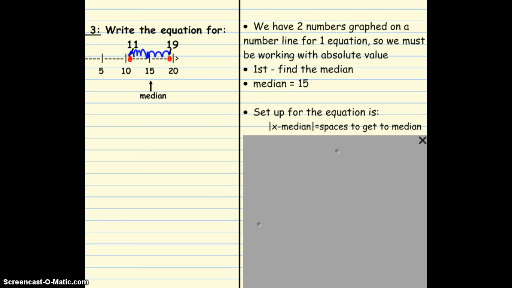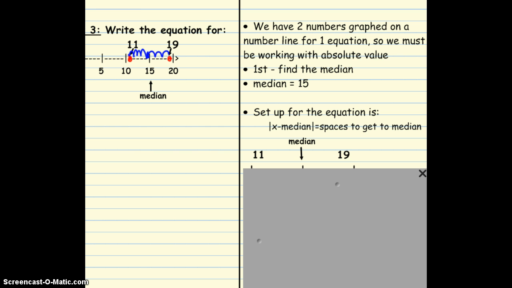Then this is going to be the way that we're going to set up all of our equations. We're going to have the absolute value of x, and I'll just use x for our variable, but you can use anything. The absolute value of x minus whatever the number is for the median, and that's going to equal the number of spaces to get to the median. So if we go back to our number line, our median's in the middle. We moved in 1, 2, 3, 4 spaces from 11, and we moved in 1, 2, 3, 4 spaces from 19.